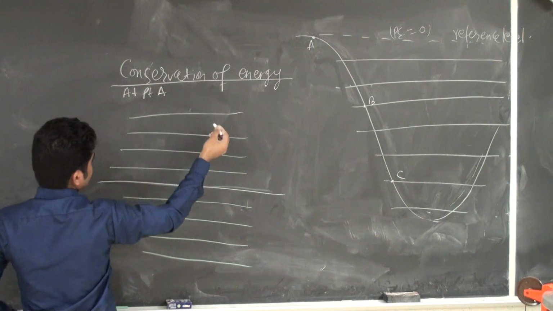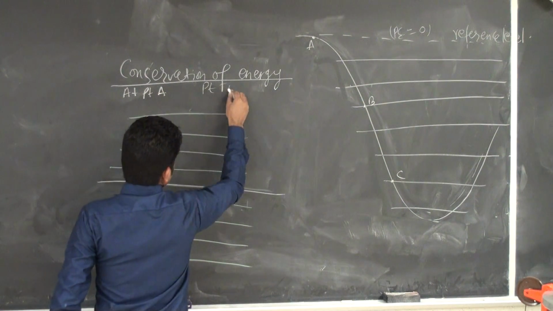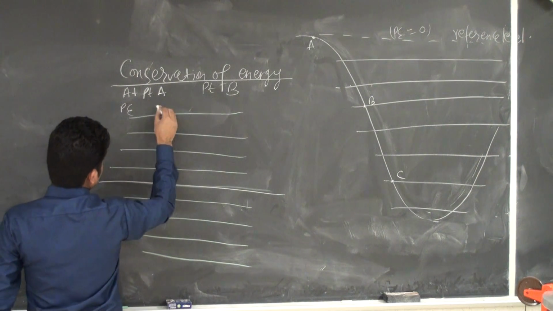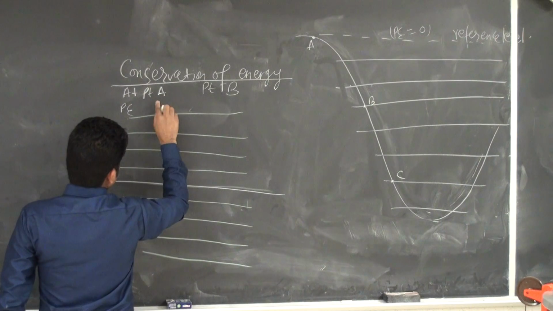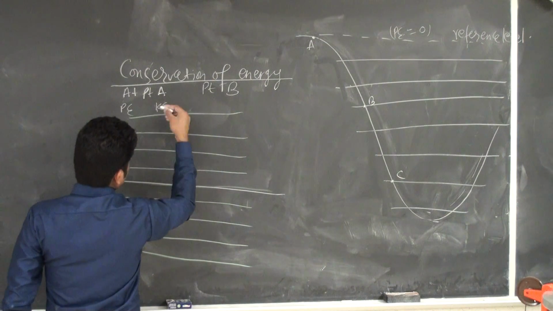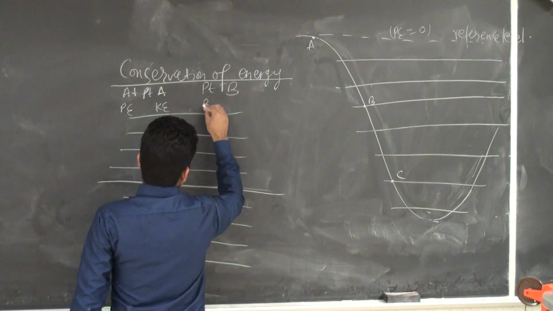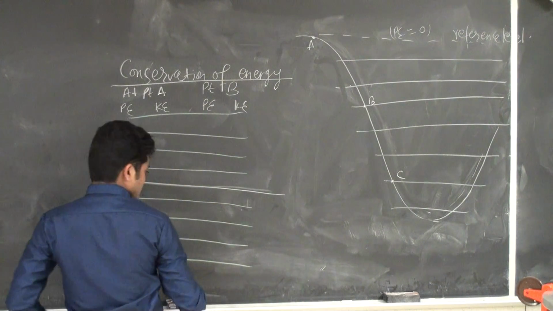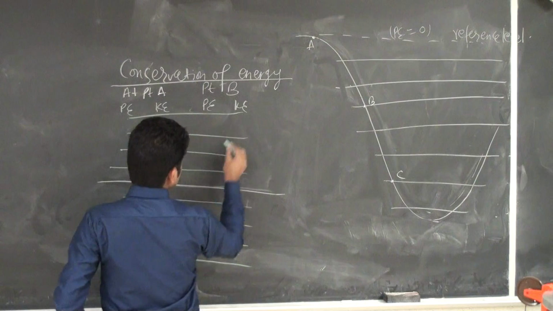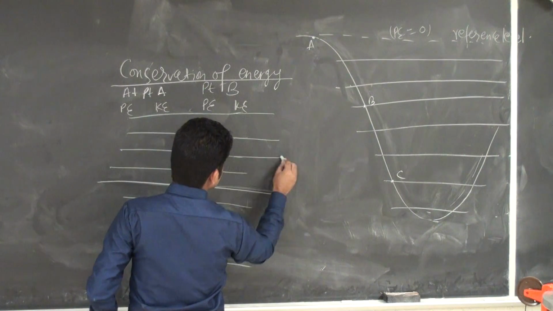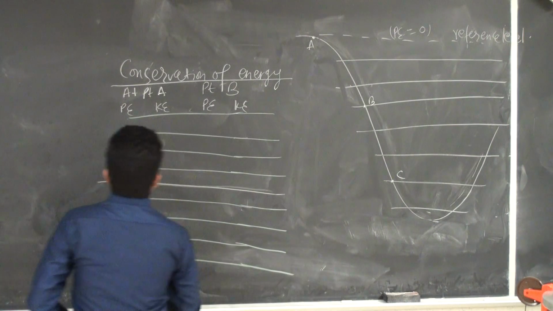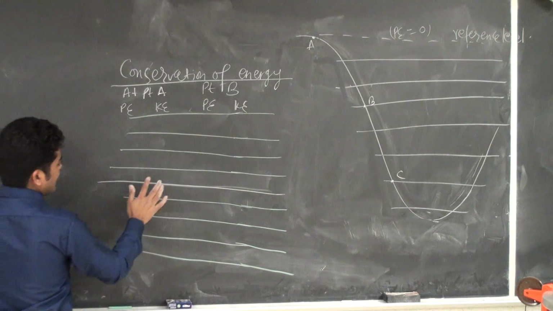This is point A, point B, and this is the potential energy and kinetic energy at point A, and this is potential energy and kinetic energy. Alright, okay. So this is our reference level.